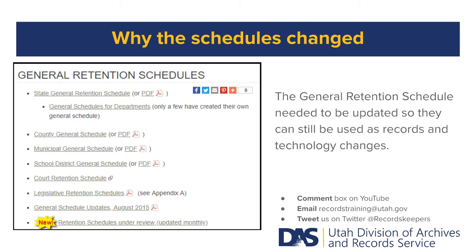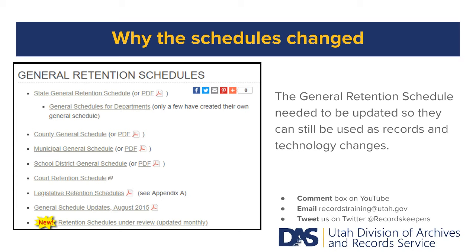Okay, so we're going to talk a little bit about why the general schedules changed. And this little screenshot here is what the general retention schedule page used to look like. So we had the schedules broken into these 4 main categories: the state general retention schedule, county, municipality, and school district.